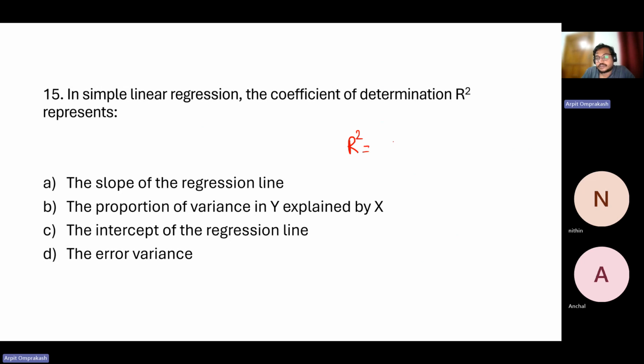R square is given as 1 minus this, R by this, T. So this is the sum of squares of the residuals. This is the sum of squares total.